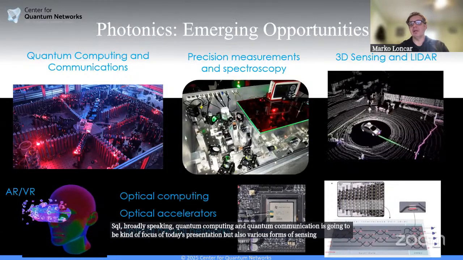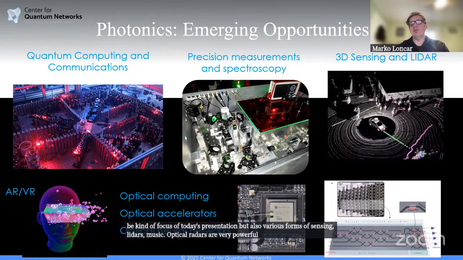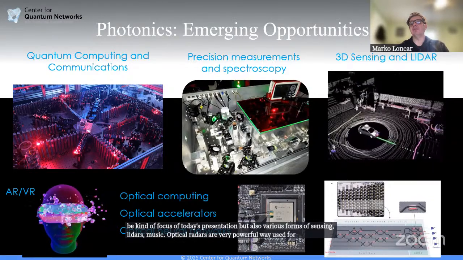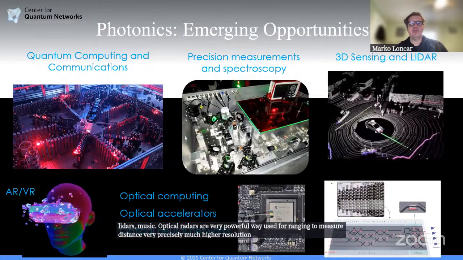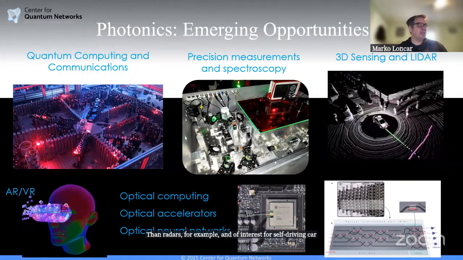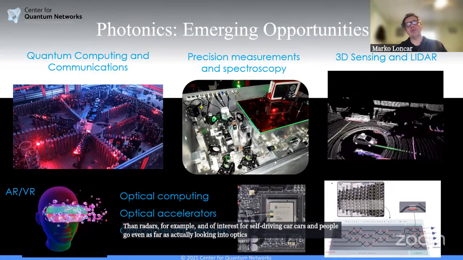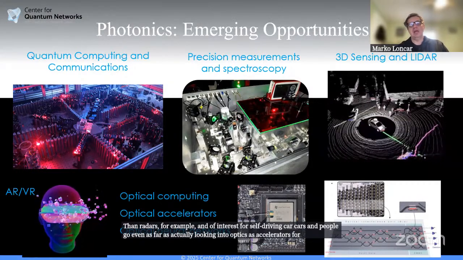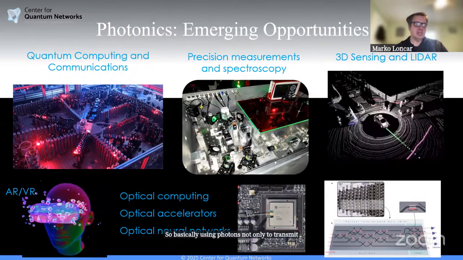LiDARs, basically optical radars, are a very powerful way used for ranging, to measure distance very precisely, with much higher resolution than radars, for example, and of interest for self-driving cars. And people go even as far as looking into optics as accelerators for classical computing, so basically using photons not only to transmit information, but also to do computation itself.